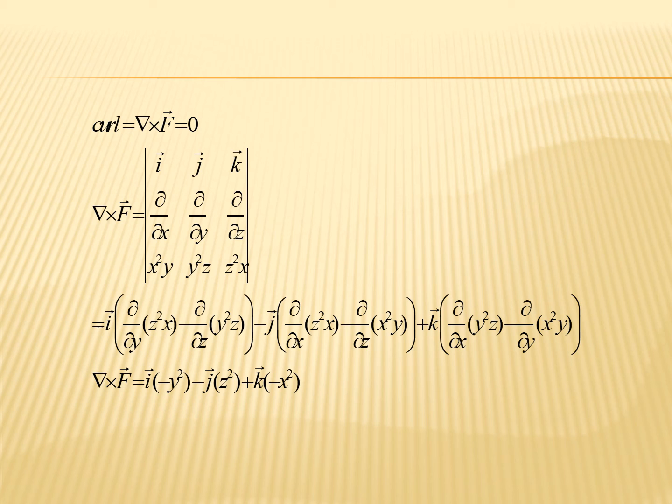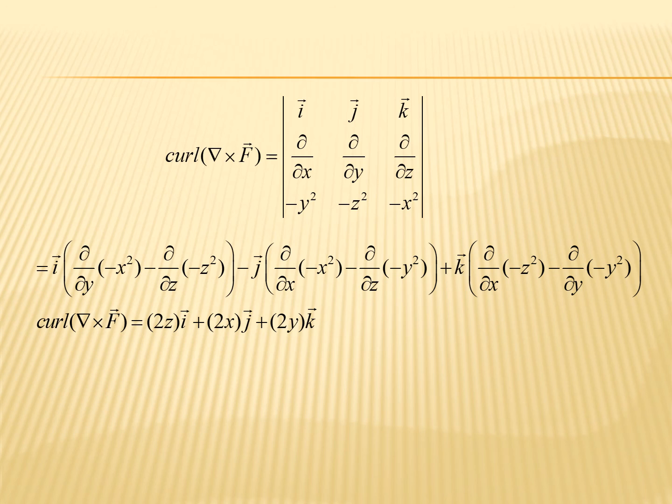Okay. Then find the partial differentiation with respect to y and z in your i. You will get i vector into minus y², and then minus j vector into partial differentiating with respect to x and z, you will get z², and then in k vector, partial differentiating with respect to x and y, you will have minus x².